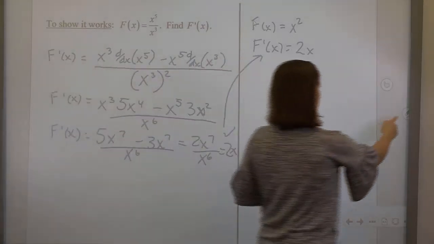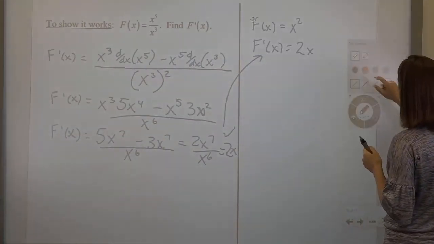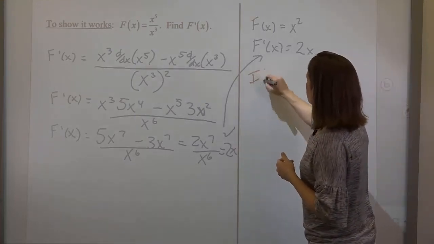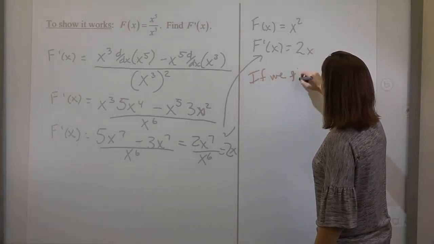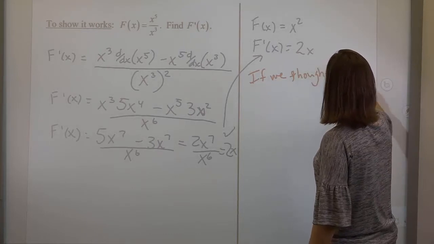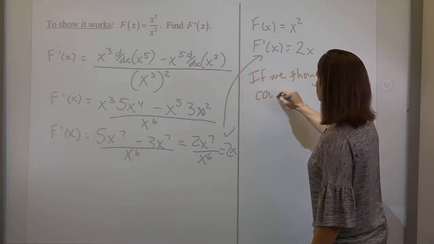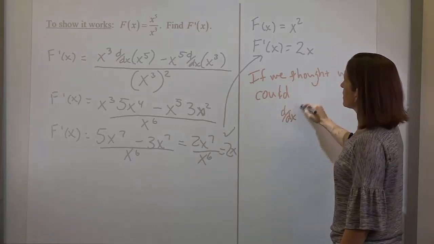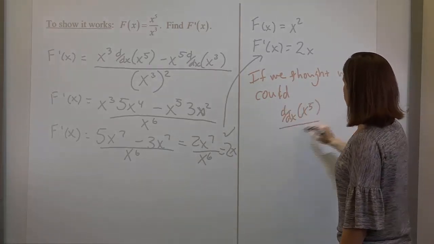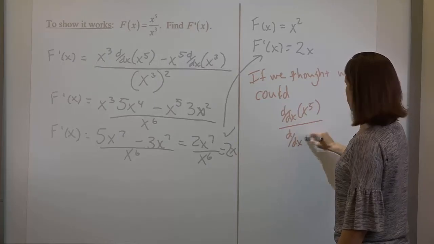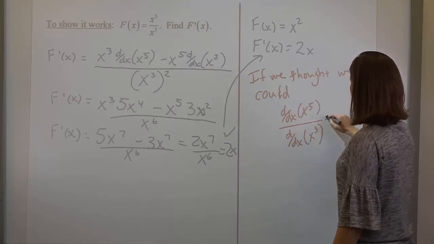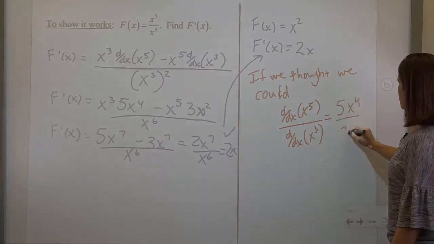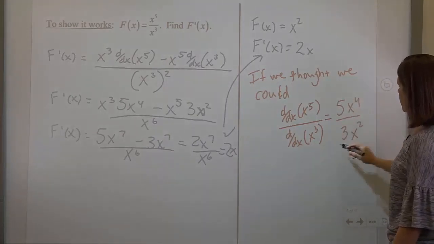Again, as we talked about with the product rule, if we did what's tempting, so if we thought that we could just do the derivative of the top divided by the derivative of the bottom, we would get 5x to the 4th over 3x squared.